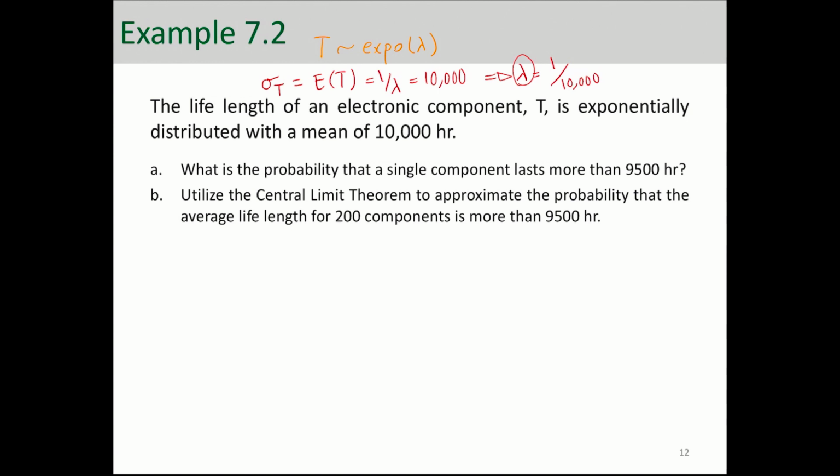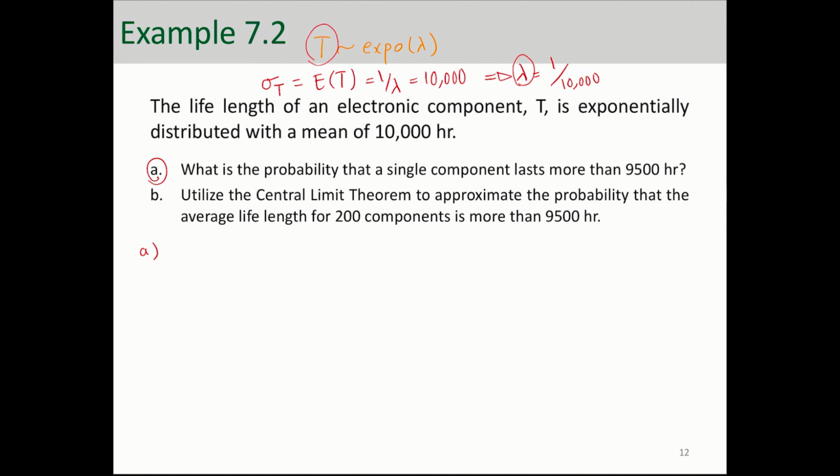Basically it means per hour 1 over 10,000 electronic components fail, or their life ends. So in part A, it's asking what is the probability that a single component lasts more than 9,500 hours. A single component's life is t.